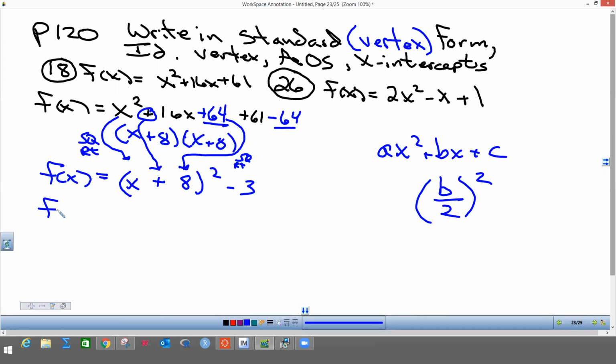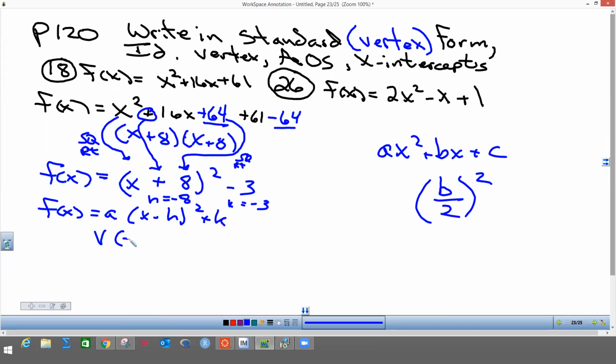So the standard form, again, looks like this. So from this, I can get my vertex. My vertex is HK. Well, H is the opposite sign of this. So H is -8, and K is the sign of this that's kept the same.